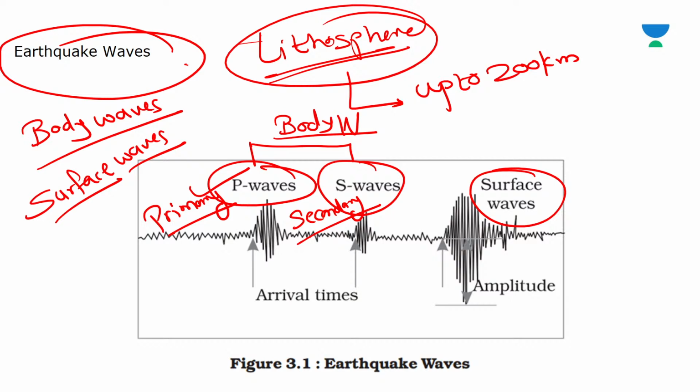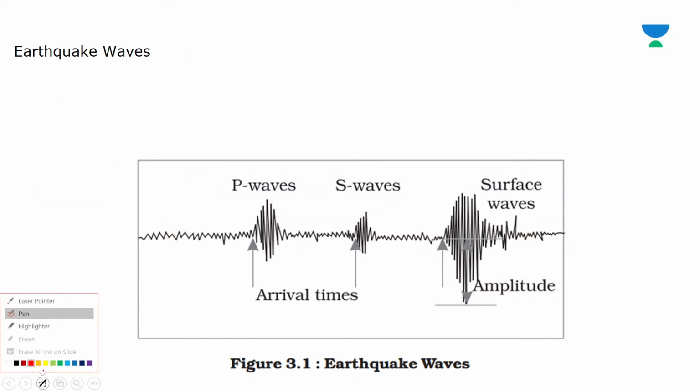So different types of earthquake waves travel in different manners. As they move or propagate, they cause vibration in the body of the rocks through which they pass.